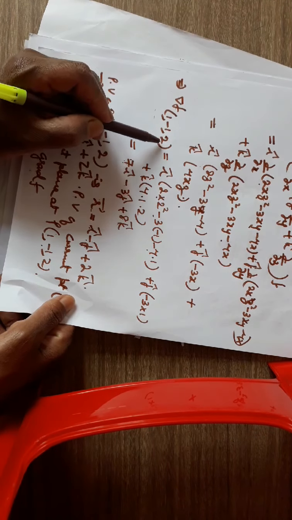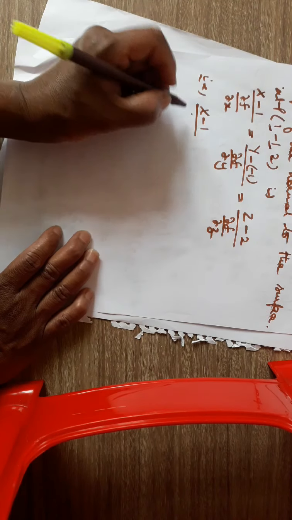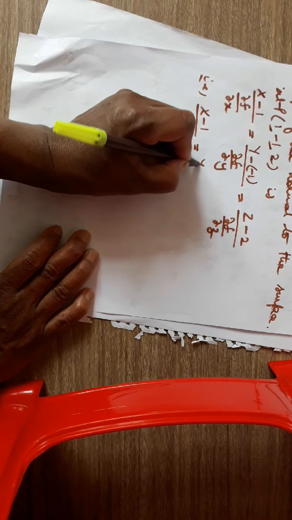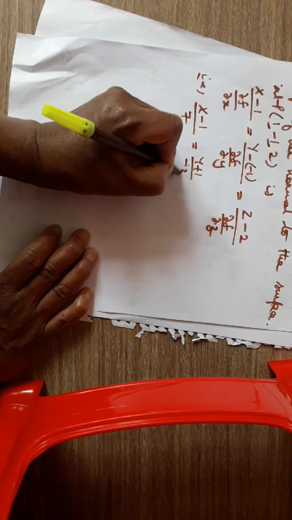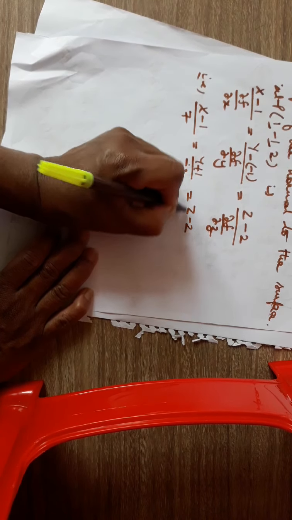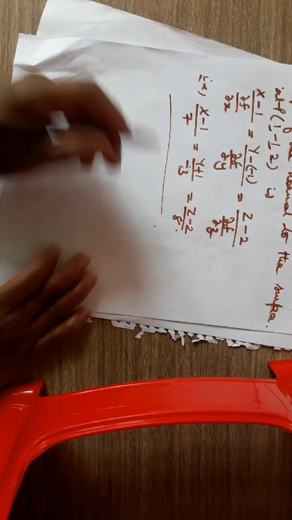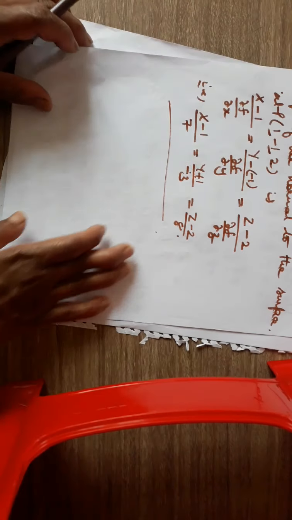At the point (1, −1, 2), del f del x is 7, del f del y is −3, and del f del z is 8. So you just replace it there: (x − 1)/7 equals (y + 1)/(−3) equals (z − 2)/8. This is the equation of the normal to the surface.